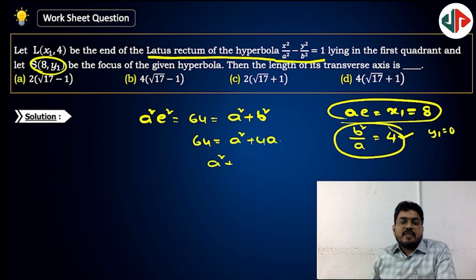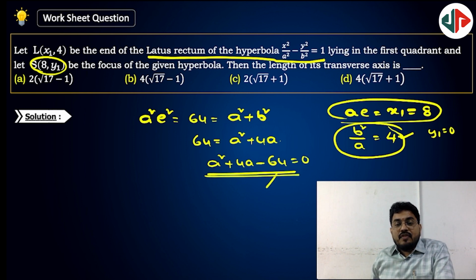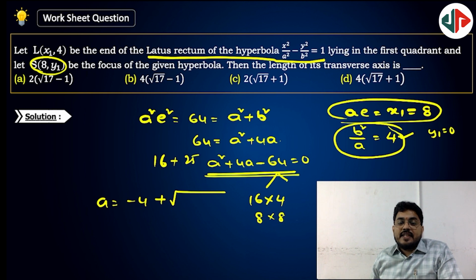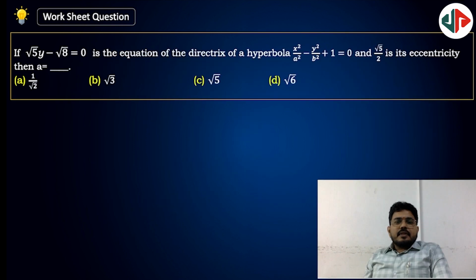So a square plus 4a minus 64 is equal to 0. From here you get the value; 64 factors, 16 into 4, then 8 into 8, whatever. Otherwise a is equal to minus 4. Anyway, the positive value should come: plus root of b square 16 plus 64 fours are 256. So the value will be 272 by 2. So just look at the value and you get the answer.